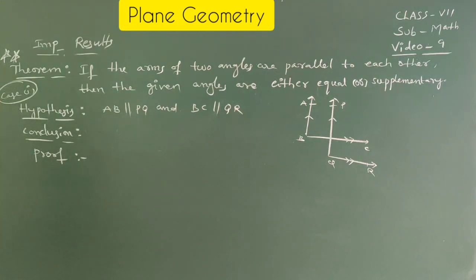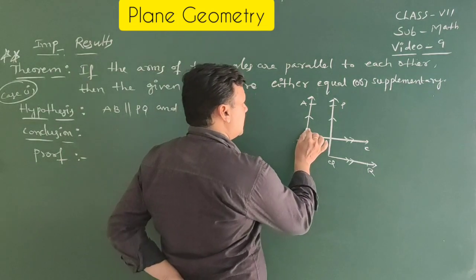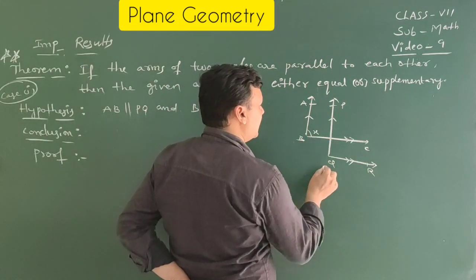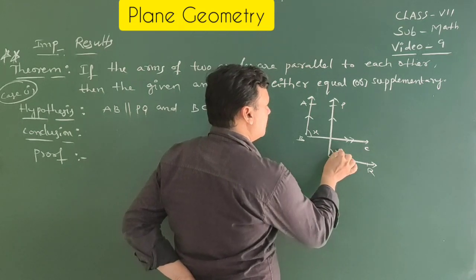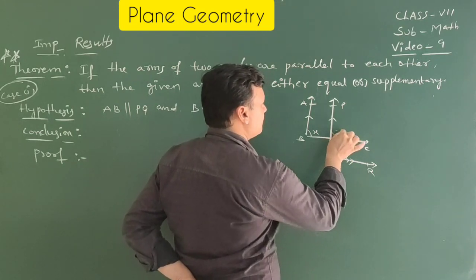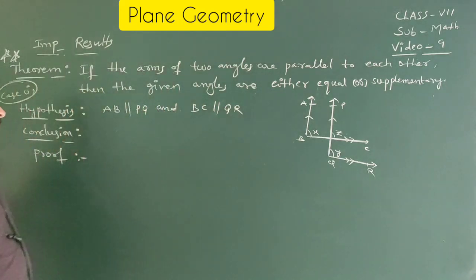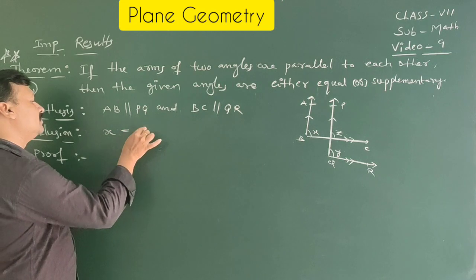AB and BC are arms of angle ABC, PQ and QR are the arms of angle PQR. Let angle ABC be X, angle PQR be Y, and the angle marked be Z. Conclusion: we need to prove X equals Y.